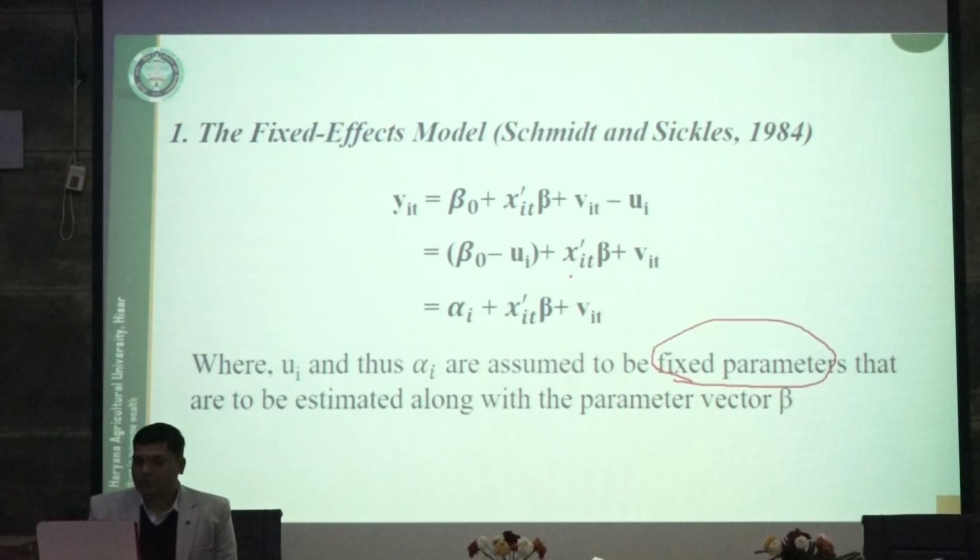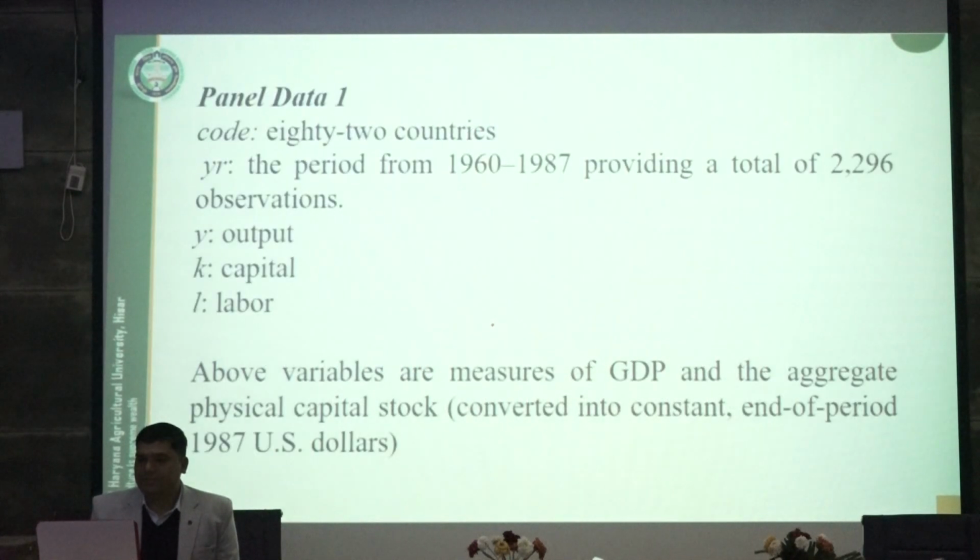Okay, so the first step is to check whether your variable has a fixed effect model, a random effect model, or a time invariant model. Then you have to go for analysis. So this is the data which is used to regress the panel data, and the variable name is code. Code is the name of any country.